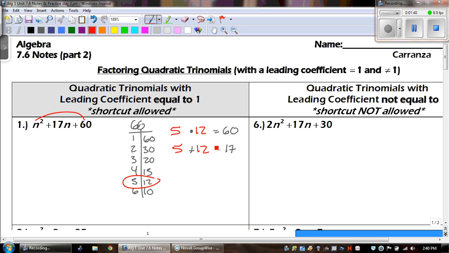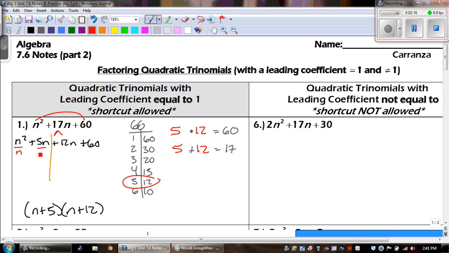Now once we do that, the shortcut states that those two factors are what your two binomials break down to. You might say, Mr. Grice, I don't believe you. Well, let's put it down there and I'll show it to you. Normally, we would split the middle term: n squared plus 5n plus 12n plus 60.